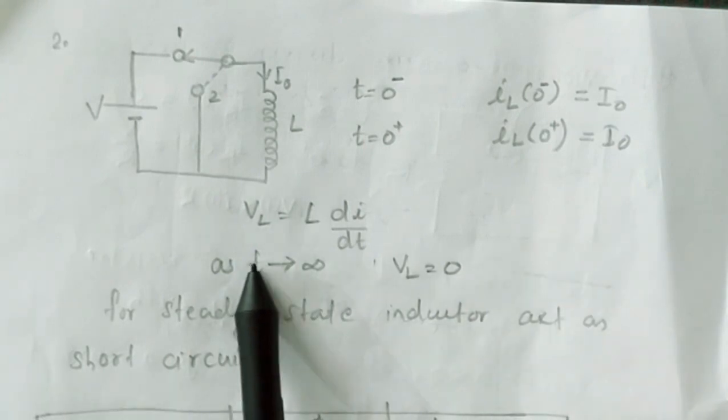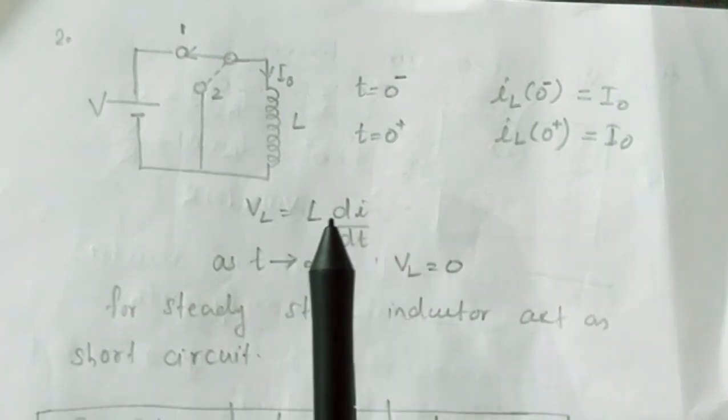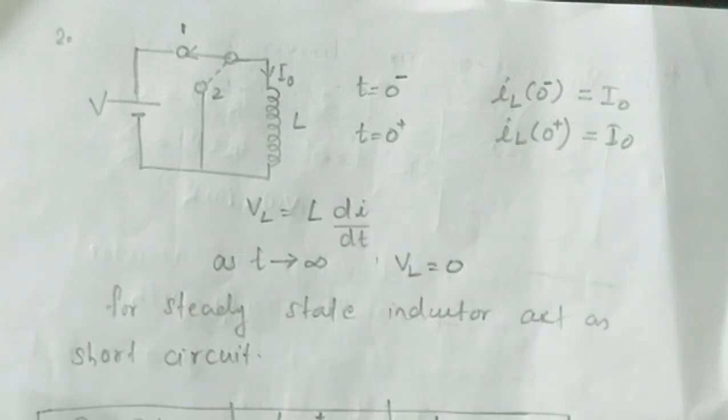So corresponding to t equal to 0 plus, inductor acts as open circuit, because VL is infinite. And corresponding to t tends to infinity, steady state condition, inductor acts as short circuit. So this is one of the important concepts in DC systems: if the system is working under steady state condition in a DC network, inductor acts as short circuit.